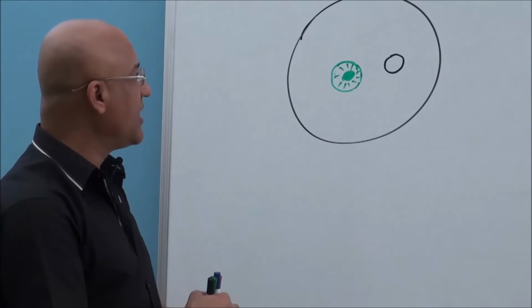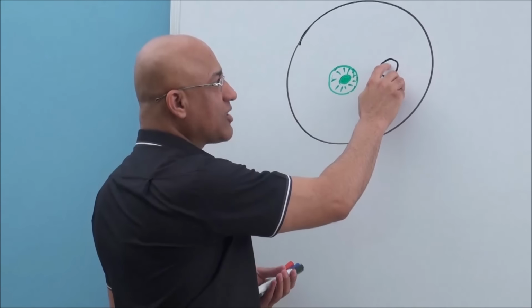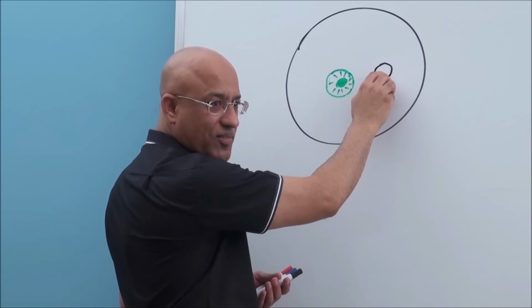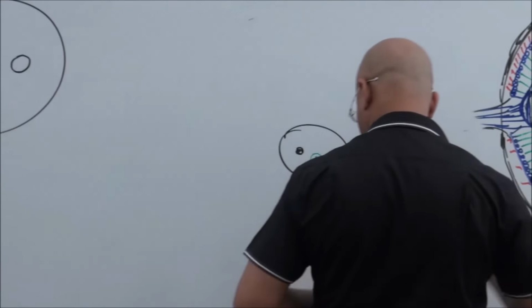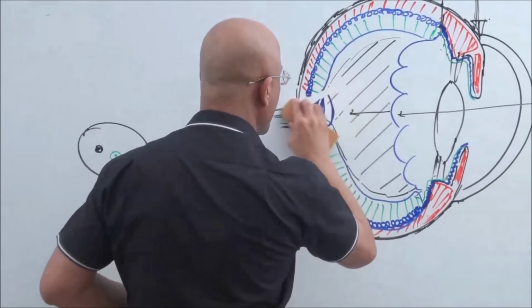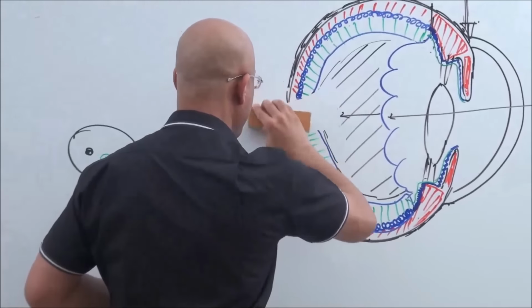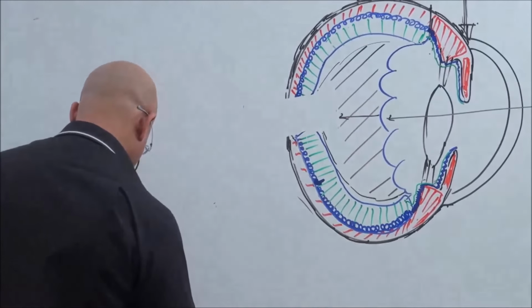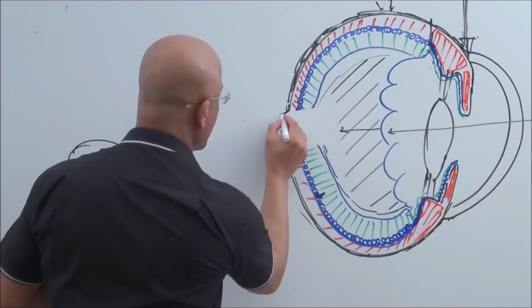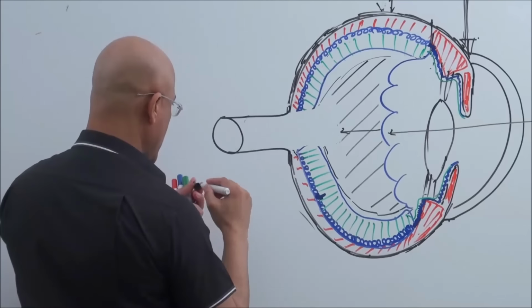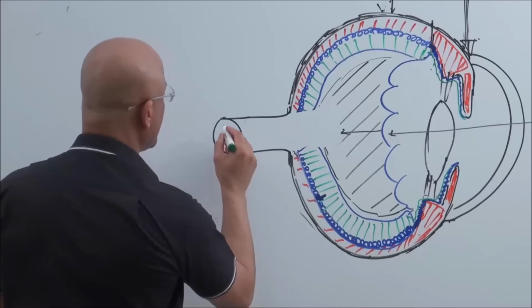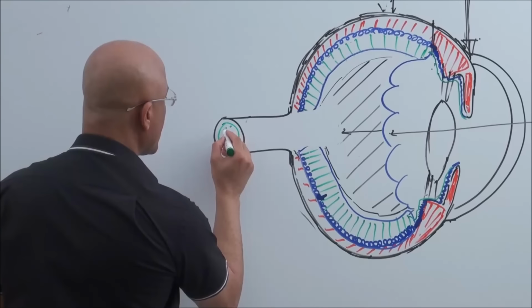When you look at it, here, actually through this optic disc, what is the optic disc? If I look at this diagram, I will explain what exactly the optic disc is. This is your sclera continuing with the dura mater, and here is your optic nerve.